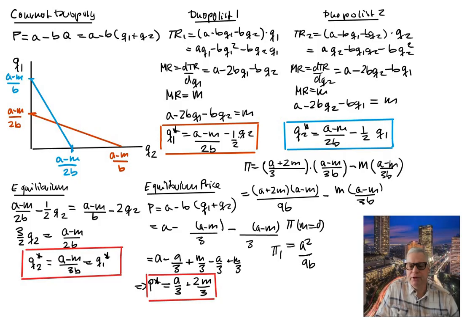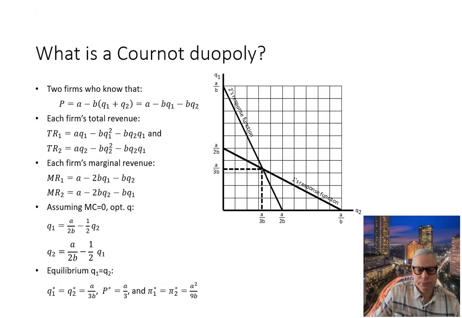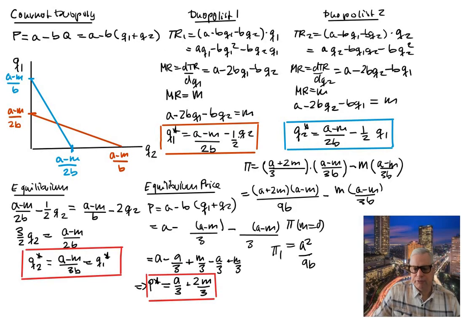So the profit is indeed A squared over 9B, which is also what we see here. But if the marginal costs were not 0, we would get something else.